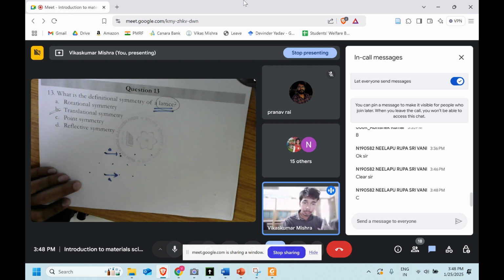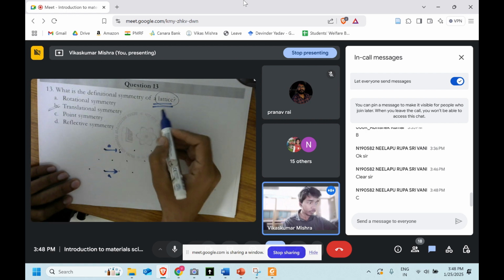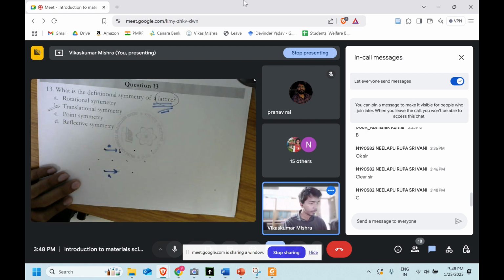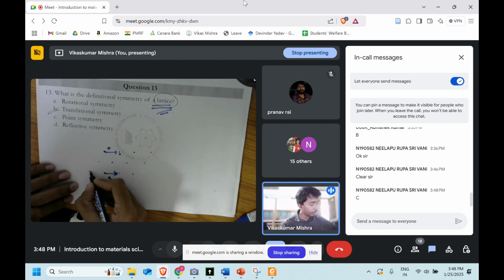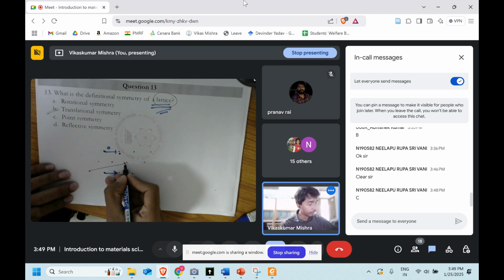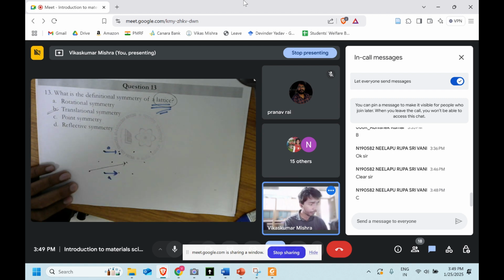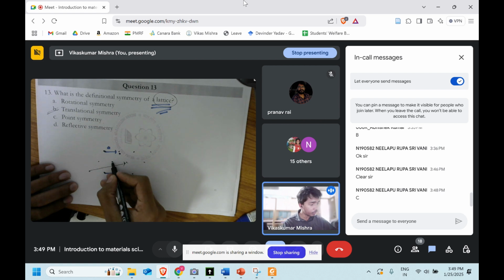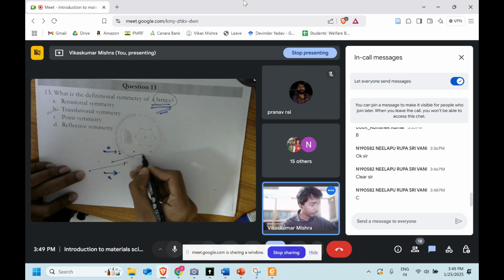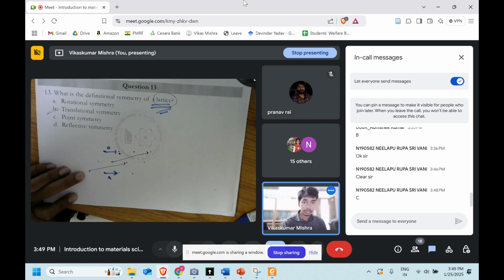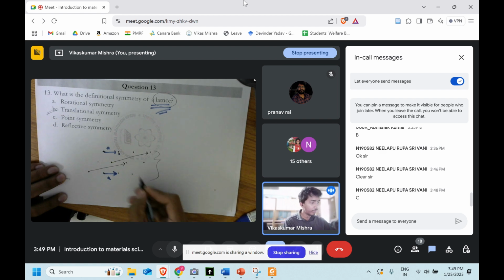That is the most important thing for any lattice to exist. Let us say I am moving from here to this lattice point with this translation vector. Now I can start from here also. If I move in the same direction by the same magnitude, I should encounter another point. This is how we can define whether a lattice exists or not.